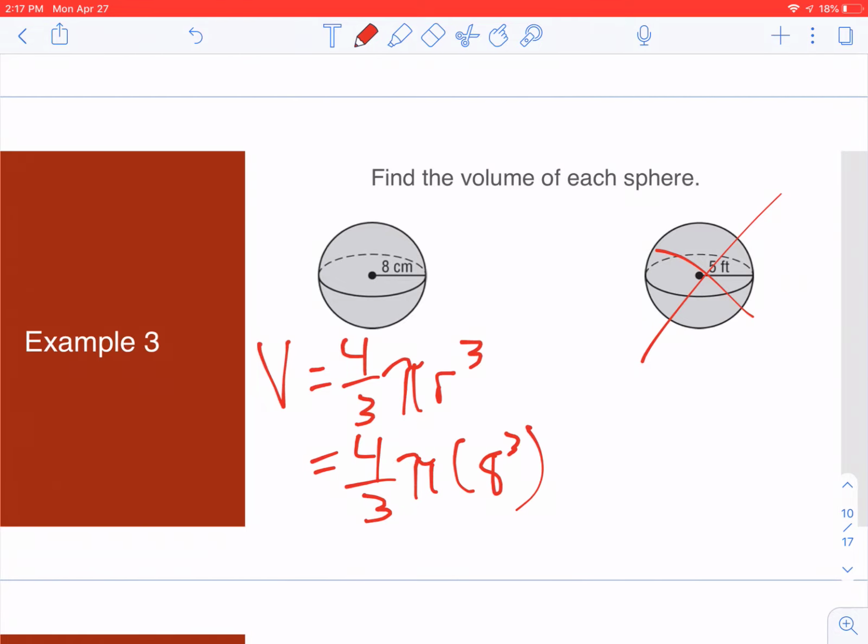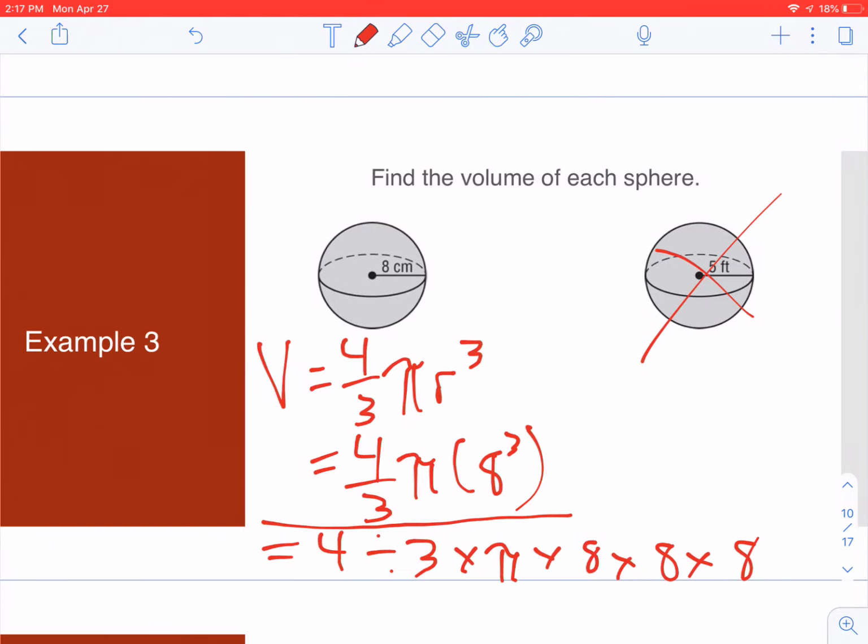Okay, how am I going to type this in my calculator? 2 ways. The first way is to do 4 divided by 3 times pi times 8 times 8 times 8.